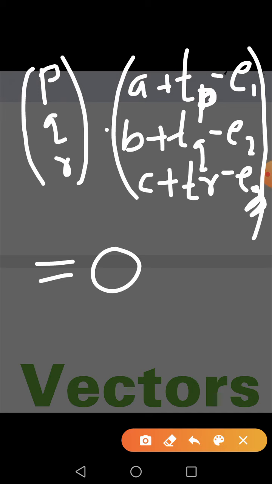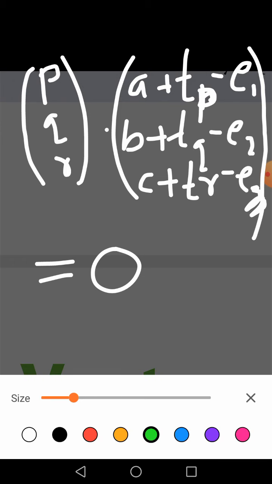T is the number of steps that we have to walk, again P, Q, R are the direction vector, and E is the external point. Just notice that these points can be obtained from the equation of the line.